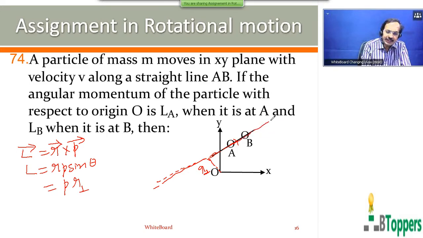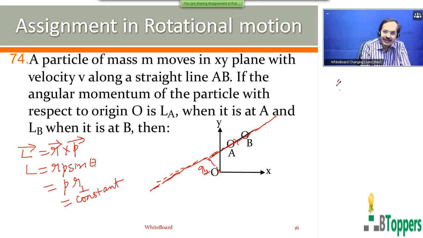So even though the actual distance of the particle from the origin O is changing with time, the value of r sin theta, denoted by r perpendicular, gives you the perpendicular distance between the origin O and the direction of the motion of the particle. That perpendicular distance is constant in the present example.